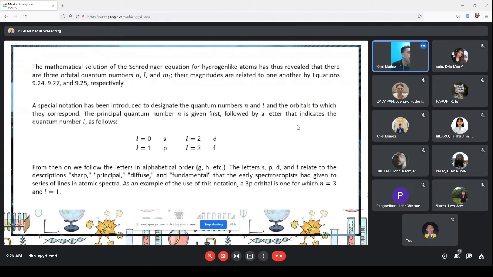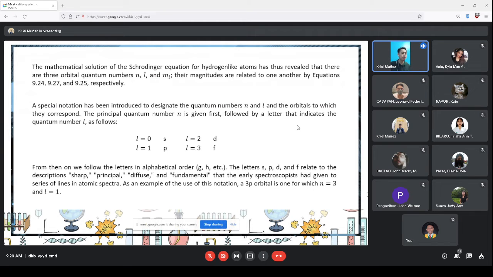But anyways, the letters S, P, D, and F relate to the description sharp, principal, diffuse, and fundamental that the early spectroscopists had given to series of lines in atomic spectra, pero hindi na sila applicable ngayon. But we retained the letters. We have S, P, D, and F.